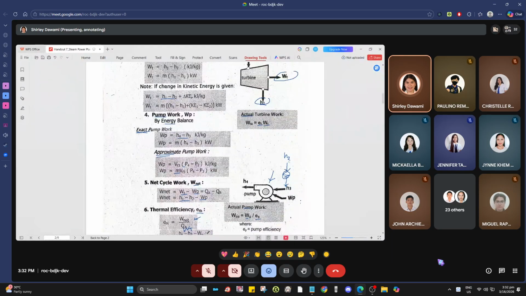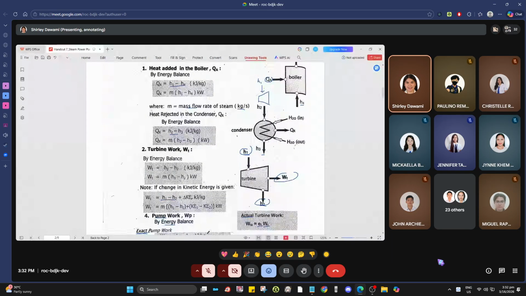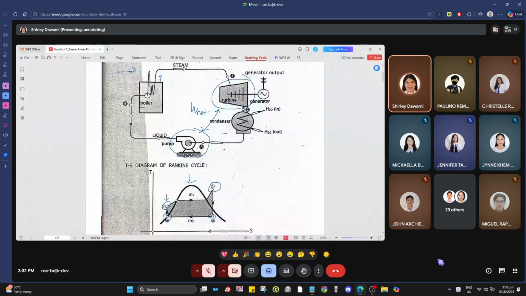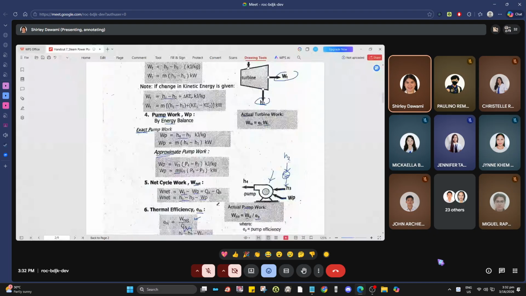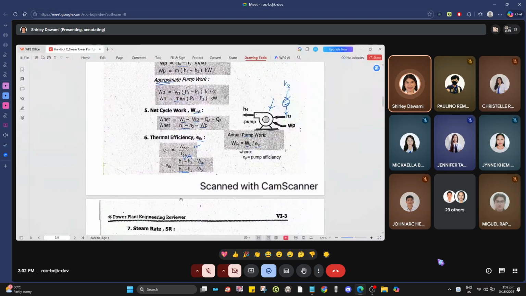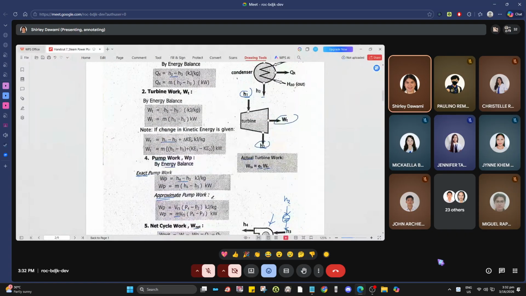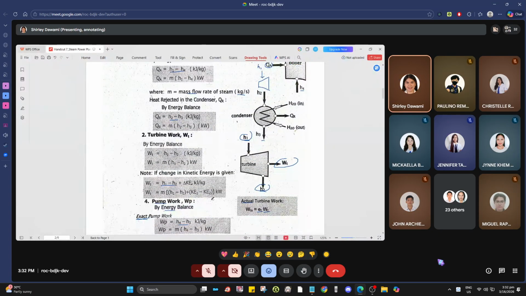H1 minus H3. So this should be H1 minus QA is equal minus pump work.